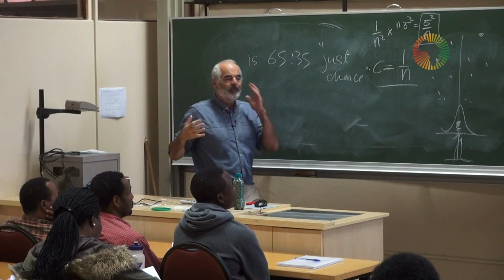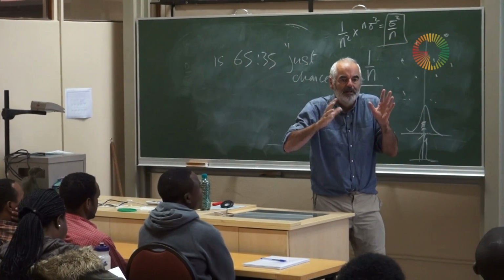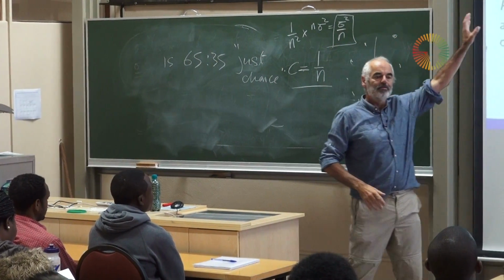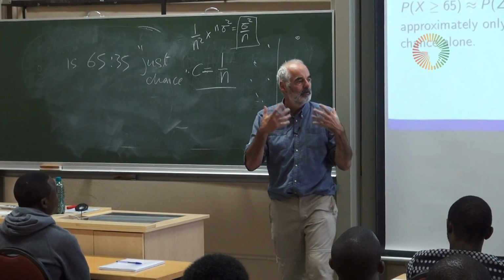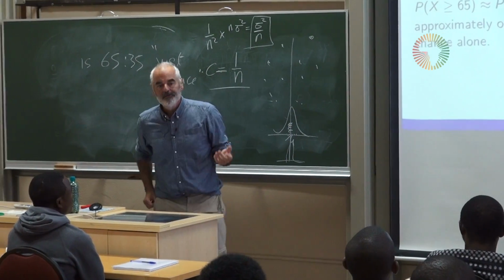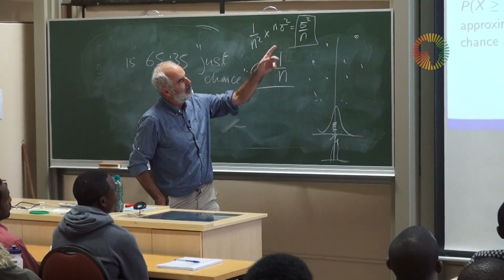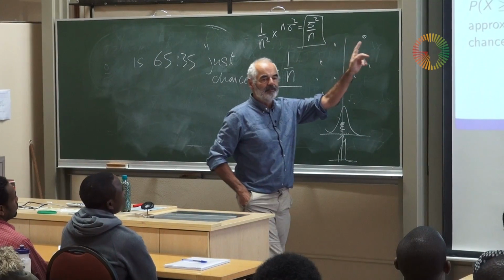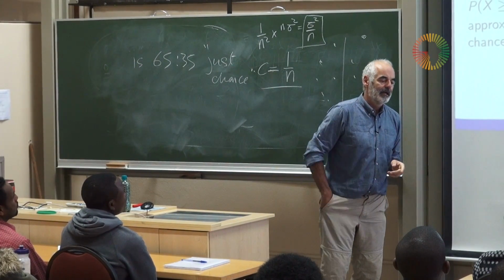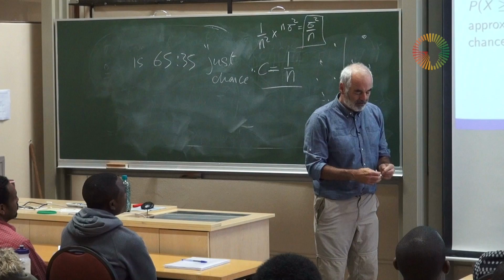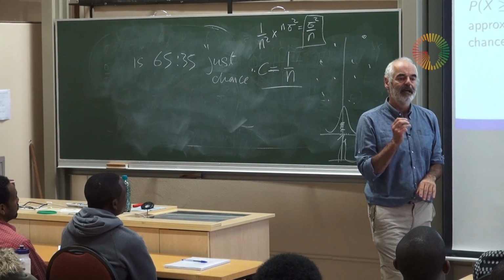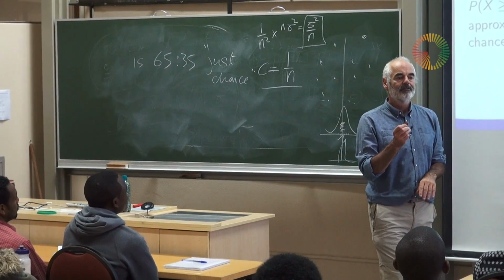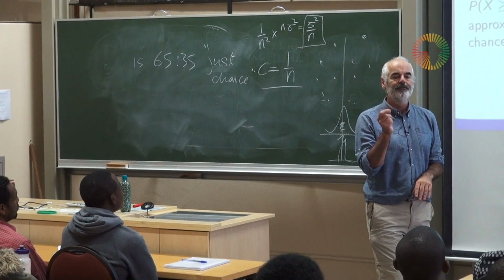Now, what I really want the whole course to be about is being able to take problems like that and turn them into a mathematical framework. Because the mathematical framework recognizes that this is exactly the same as flipping a coin 100 times and getting 65 heads and asking, does that mean the coin is fake?